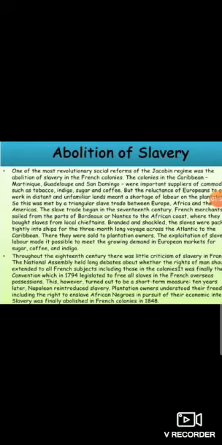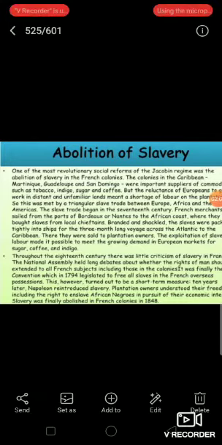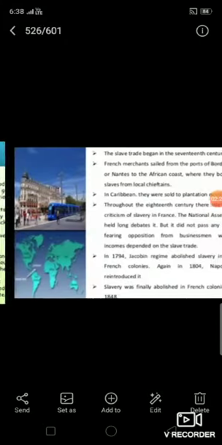There, they were sold to plantation owners. The exploitation of slave labor made it possible to meet the growing demand in European markets for sugar, coffee, and indigo. Port cities like Bordeaux and Nantes owed their economic prosperity to the flourishing slave trade.